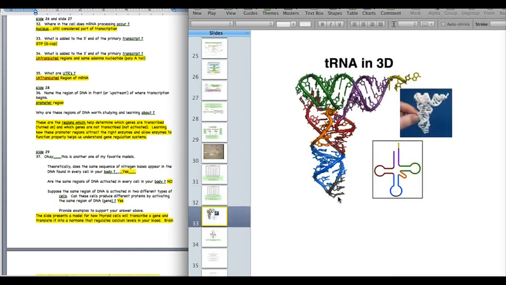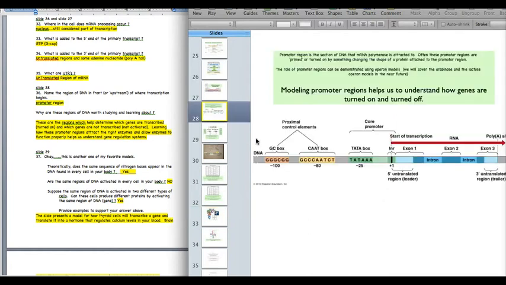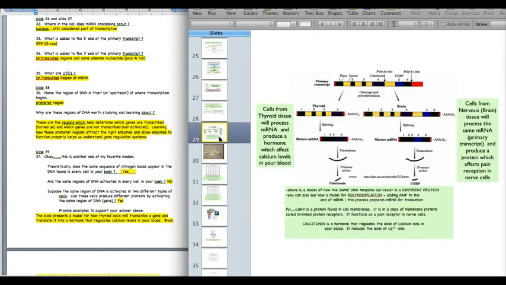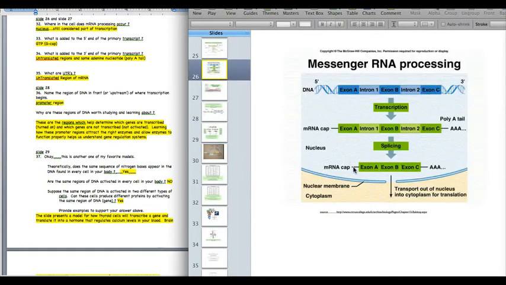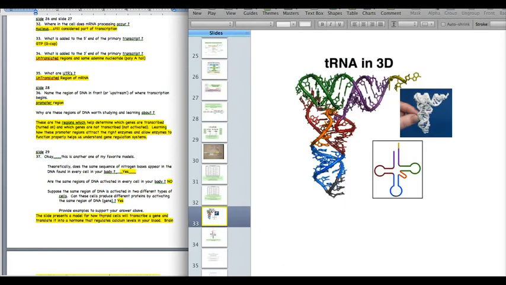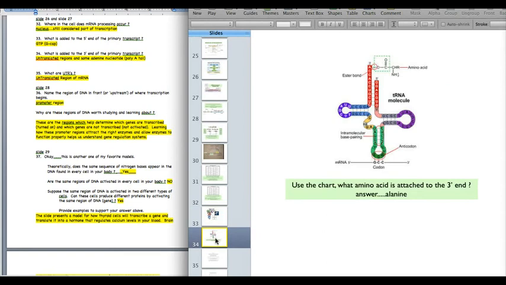Okay, so the mRNA will stick to what's called tRNA. Here's a piece of mRNA. It will stick to tRNA, which here's a model of that. Usually on paper it's drawn flat, but here is where the mRNA is going to stick, right there.